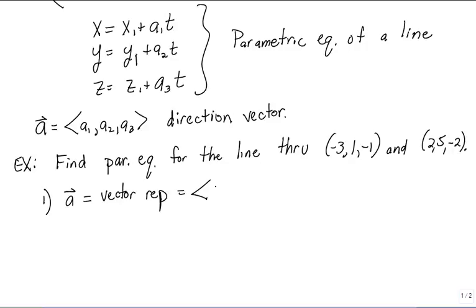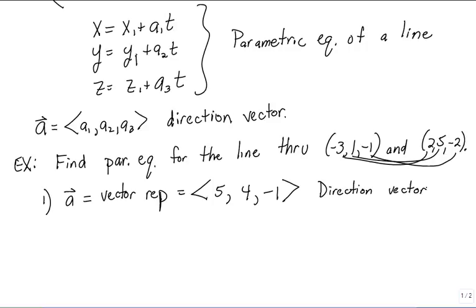So that is 2 minus minus 3, 5 minus 1, and minus 2 minus minus 1 gives me minus 1. So that's the direction vector. That's the direction the line's going.